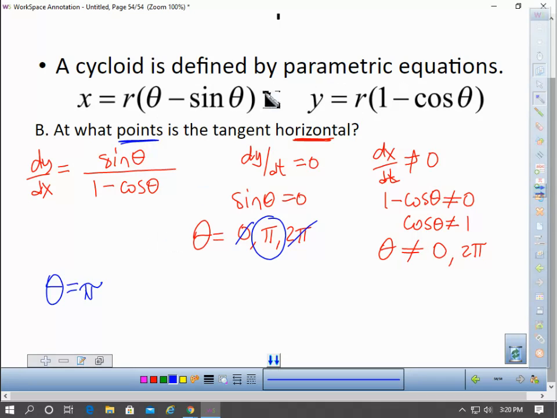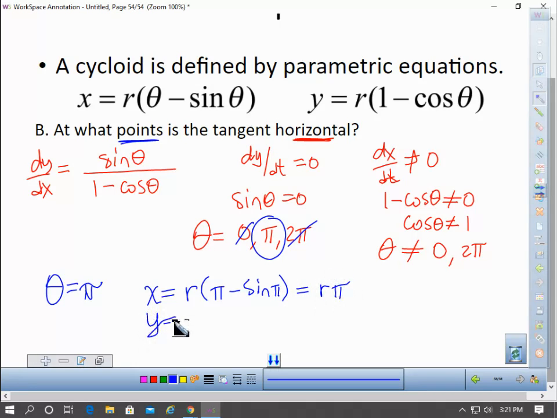All we have to do is plug it into these coordinates. Our x coordinate, putting in pi for theta, is r times pi minus sine of pi. The sine of pi is 0, so that's just r pi.